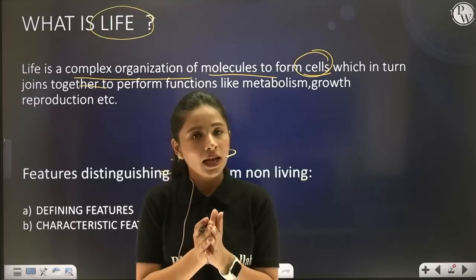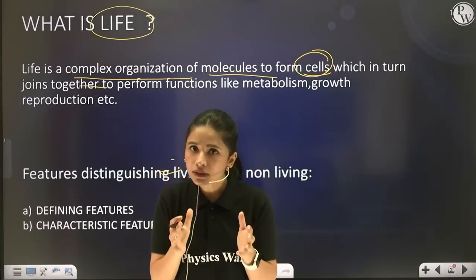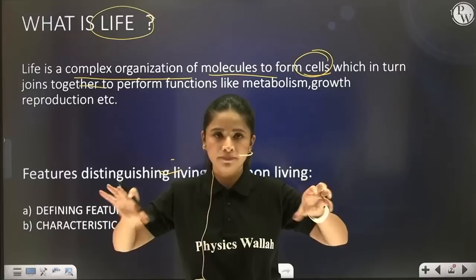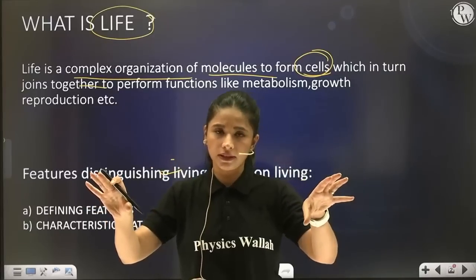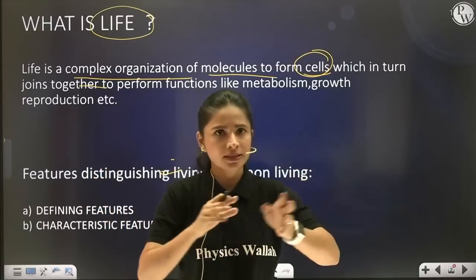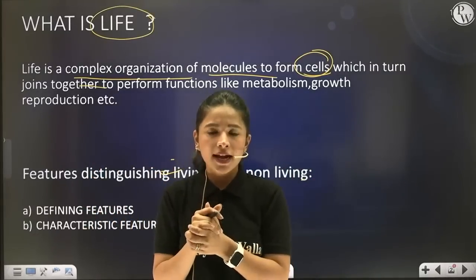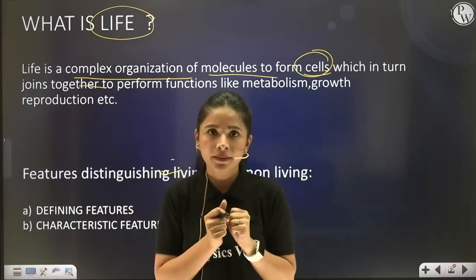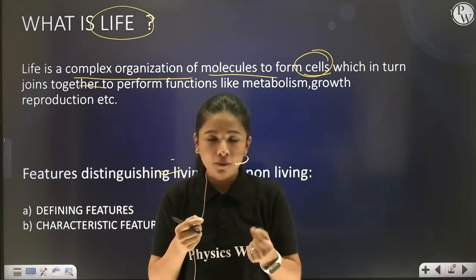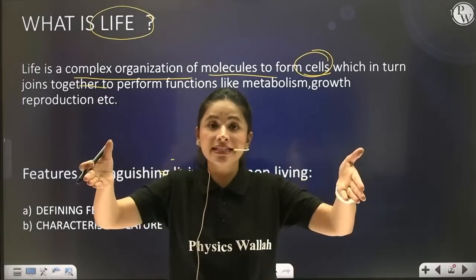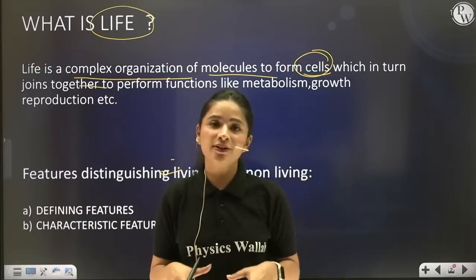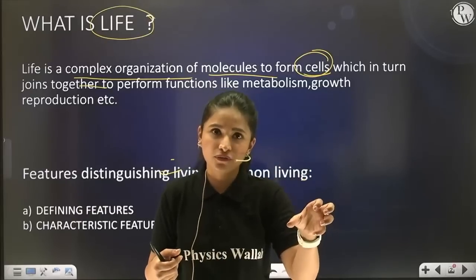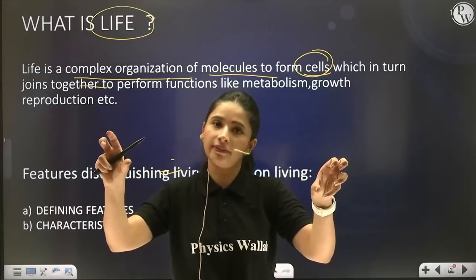Correct? Now, in order to distinguish between living and non-living objects, see, there are two kinds of objects on this earth, some living, some non-living. Now, how will you differentiate that this is living and this is non-living? There should be some features with the help of which you can distinguish them. Now we are going to see all those features one by one which differentiate living from non-living.